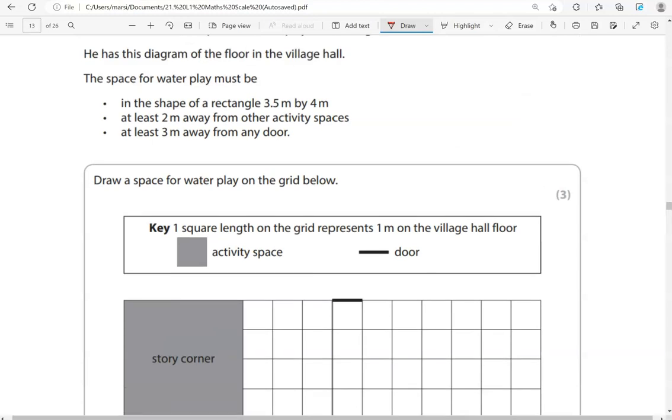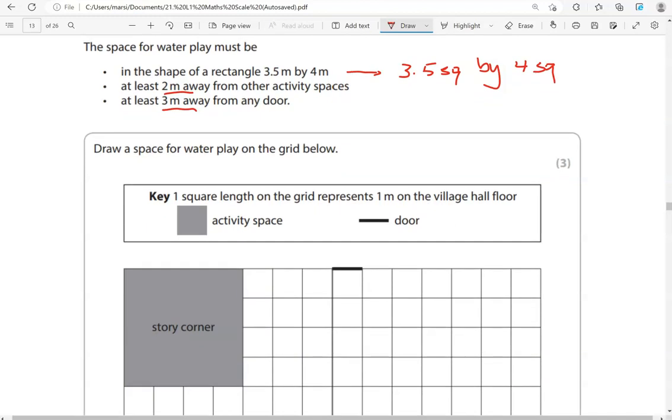Since 1 square length on the grid represents 1 meter on the village hall floor, that tells us that the water play will have these dimensions: 3.5 square lengths by 4 square lengths. We'll stay 2 meters away from other activity spaces, so that is 2 square lengths, and 3 square lengths from any door. So let's just start here.